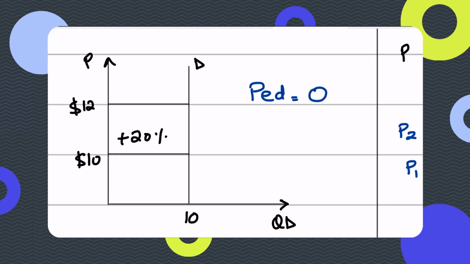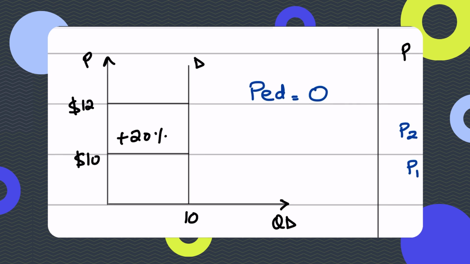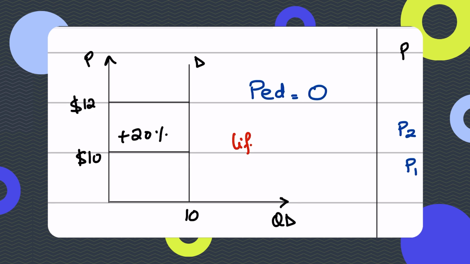This could be because the good is highly essential for life, let's say a life-saving medicine, and it has no substitute at all. The good example that you can give is life-saving medicine. The quantity stays fixed at 10. Let's say you're suffering from an illness and you need 10 insulin injections a day, otherwise your illness will worsen.